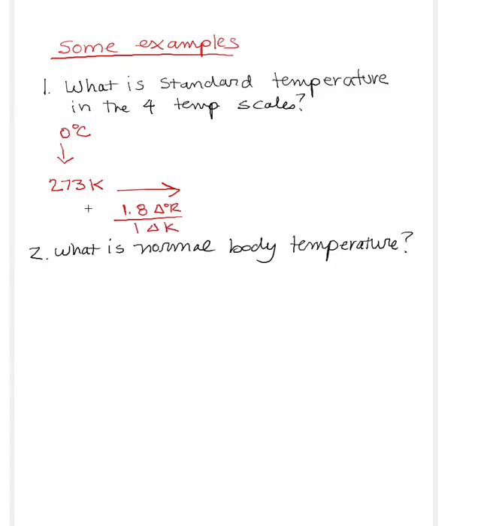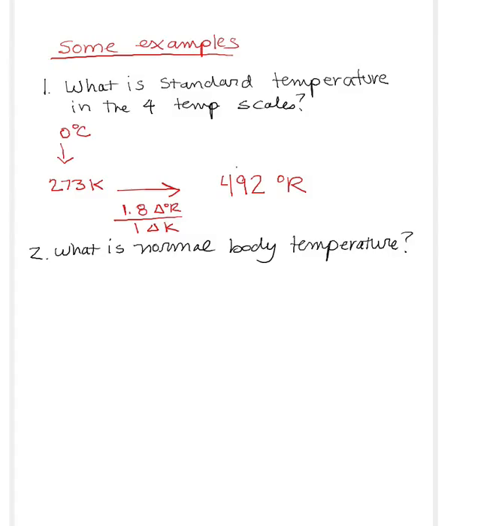So if you multiply those two together, multiply 273 by 1.8, I don't have a calculator with me, so it should be obviously 492. And that's because I know from other ways that's what it should be.